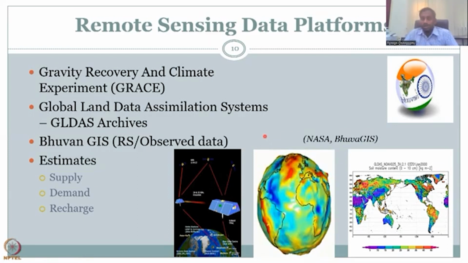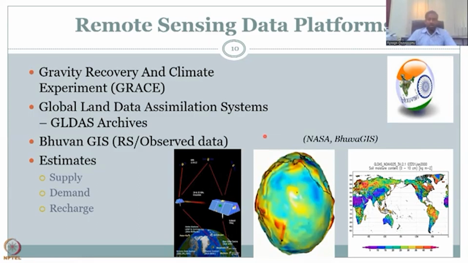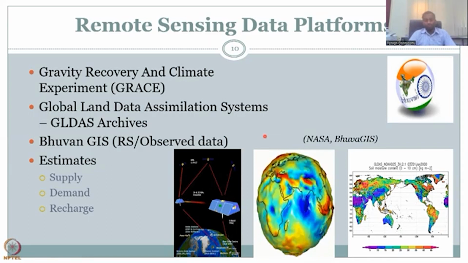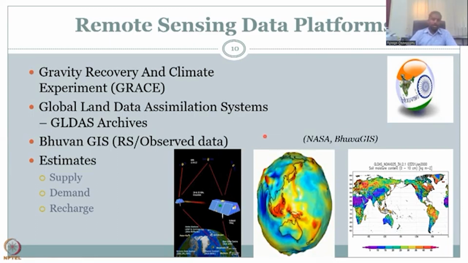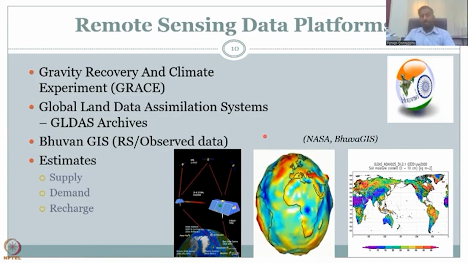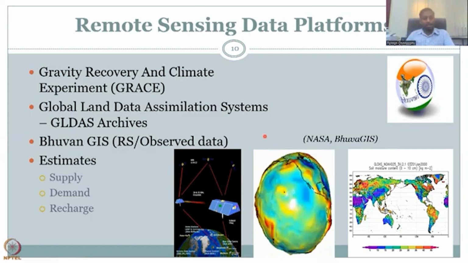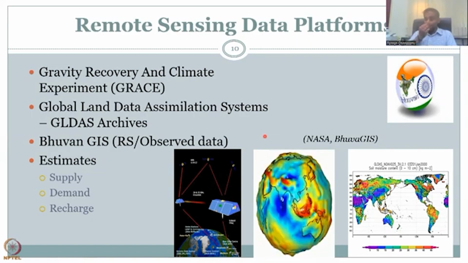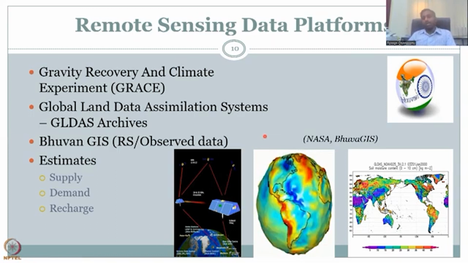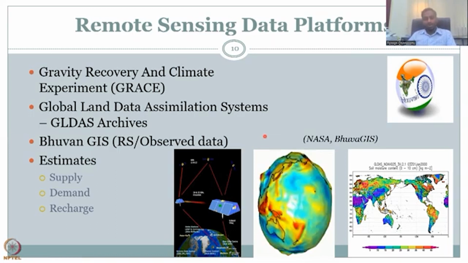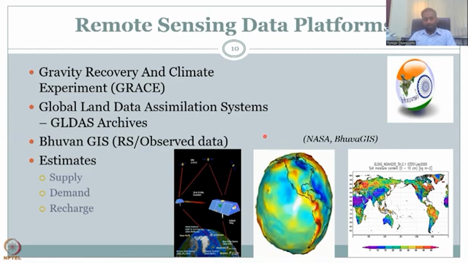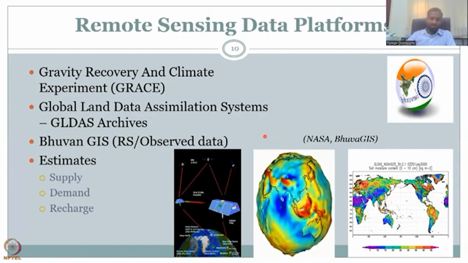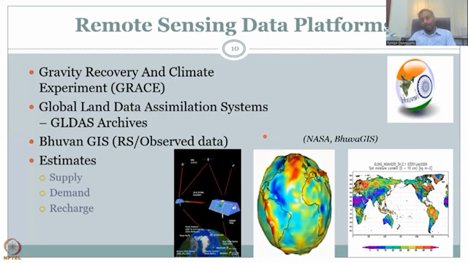We will touch upon the GRACE working principle soon, and also show some examples, especially from my research group, and how they use it. GRACE stands for Gravity Recovery and Climate Experiment. It is a joint project with NASA, JPL, and DLR Germany, etc. And it is a very unique system which works on the principle of acceleration.